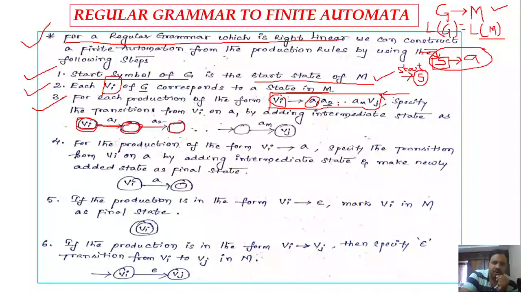And so on, we have am. From the last intermediate state which we considered, on the last terminal symbol am, there must be a transition that ends on the state Vj, right?